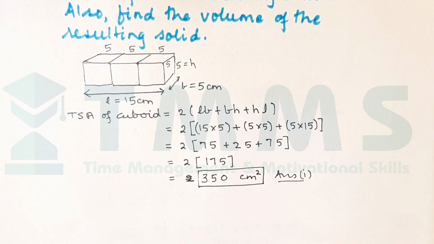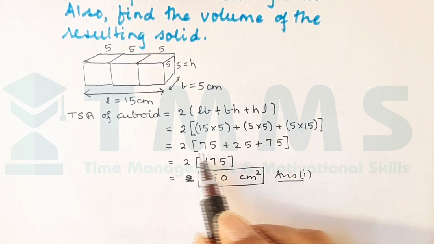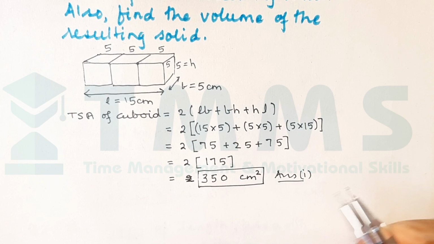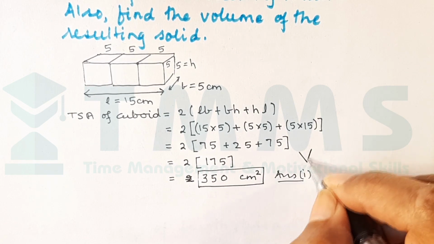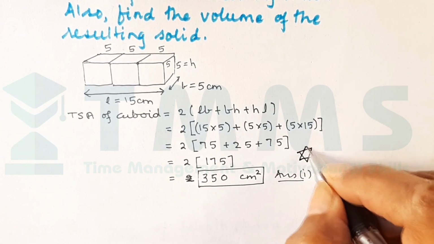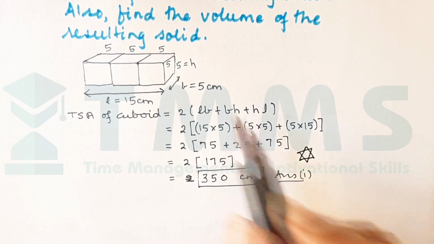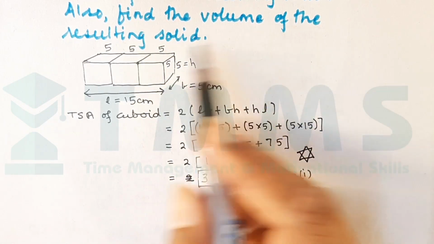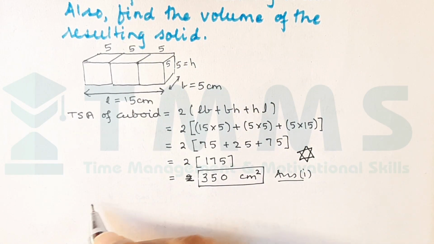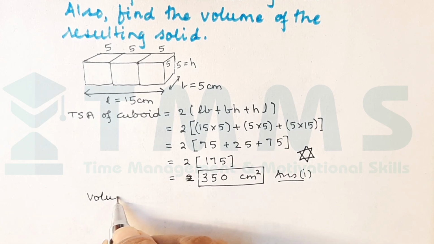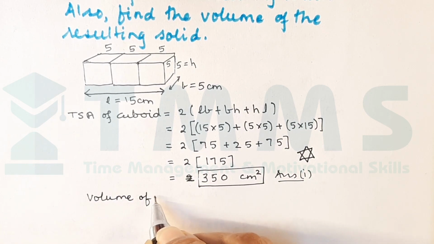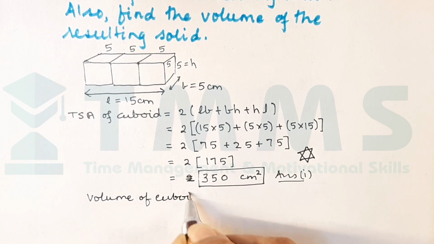Check your steps. Have you substituted like so? Did you get this answer? Get yourself a nice star. Now this was your answer 1. The second part asked us to find the volume of the resulting solid. Now won't it be the volume of the cuboid? So volume of cuboid, what is our formula?